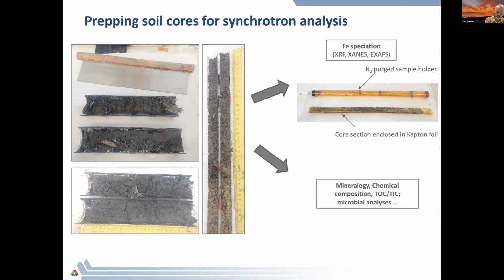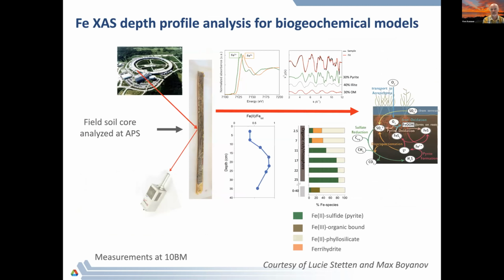Once the soil core is sliced in half like this, we can put a Kapton film around it, resealing it with a flat face, and bring that to the Advanced Photon Source, where we can now use X-ray probes with depth in that core, as if it was still sitting in the soil back in the wetland.